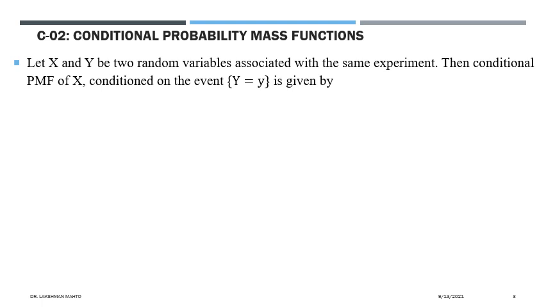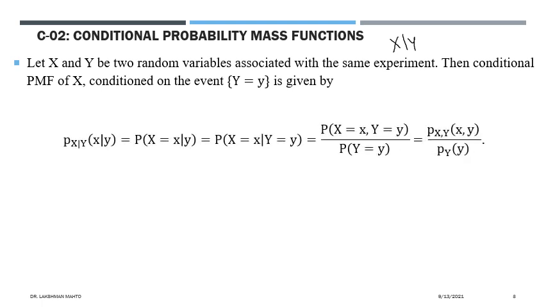We will condition over one random variable y, and see what kind of probability mass function x will have. If we put conditioning over y, that means we are observing a few values or all values of y, and then what changes we will observe in the probability mass function of x, those things we will discuss here.